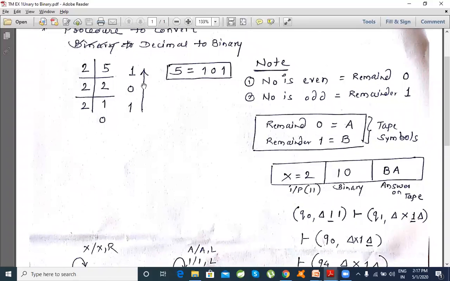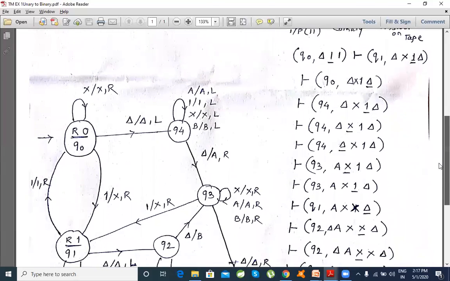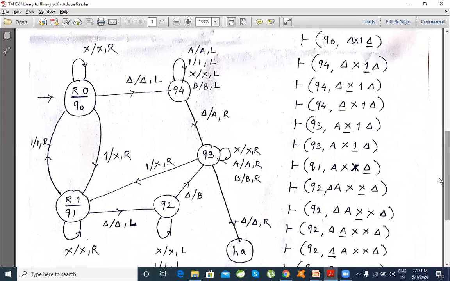And as I said, the remainder would be either 0 or 1. So in this design procedure, this is the example of the state chart diagram of the Turing machine, which is capable enough to give me the results. If I provide the unary format of any number, it converts it back to the binary number system.